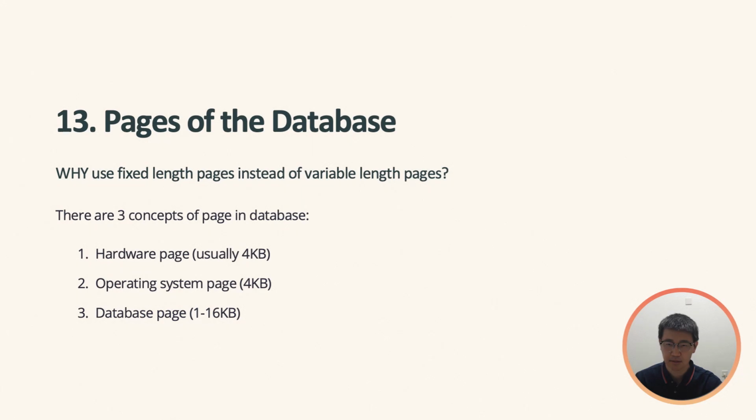In contrast, using fixed-length pages avoids this complexity and ensures that each page is a consistent size, making it easier to manage and reducing the likelihood of fragmentation. In most databases, page sizes typically range from 1 KB to 16 KB, with 4 KB being a common and practical choice.